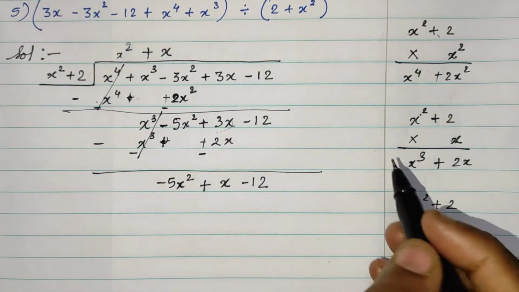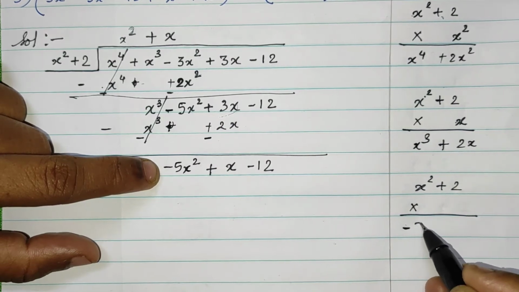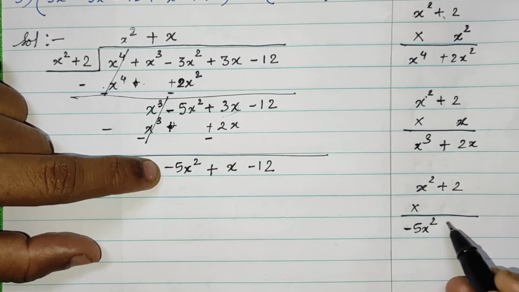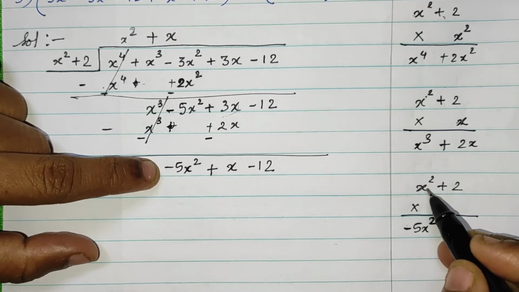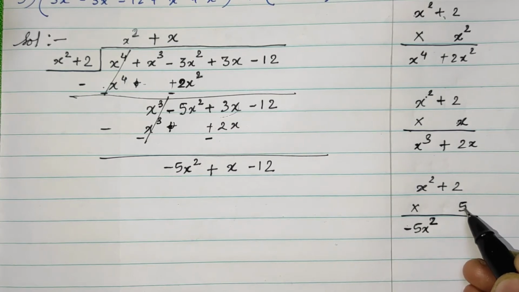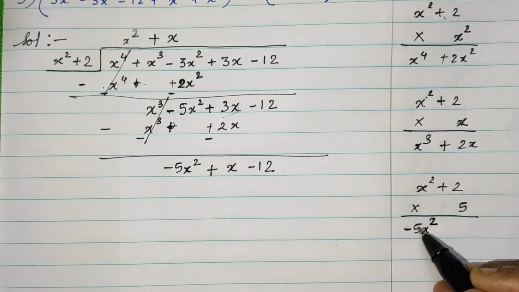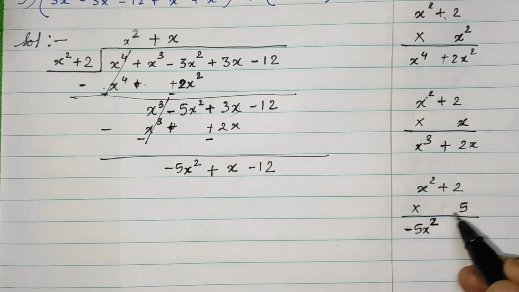Now further, now what is your first term? Minus 5x square. So x square you already have. You do not have 5. So you will take 5 into 1, 5x square. But here you also need negative.